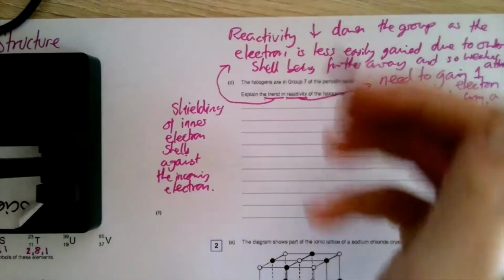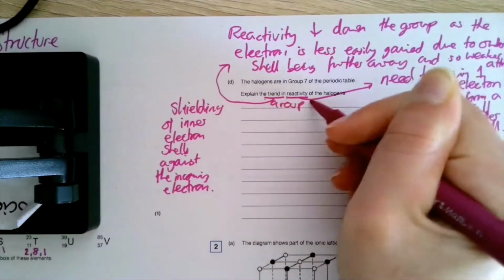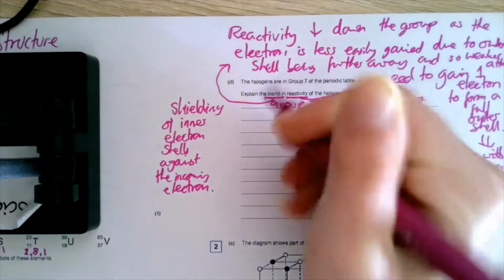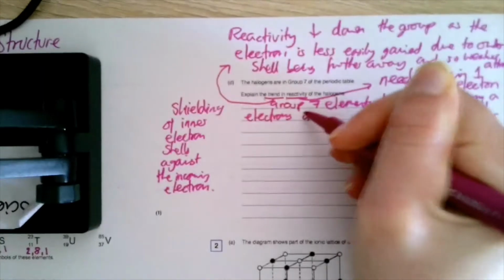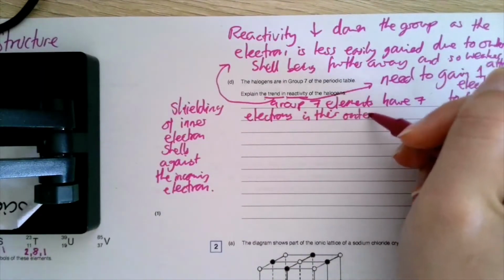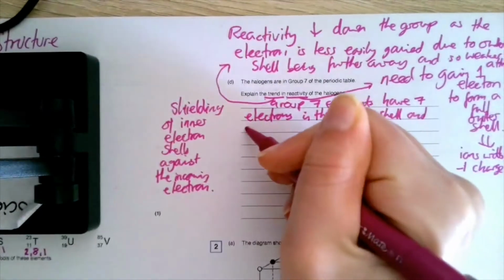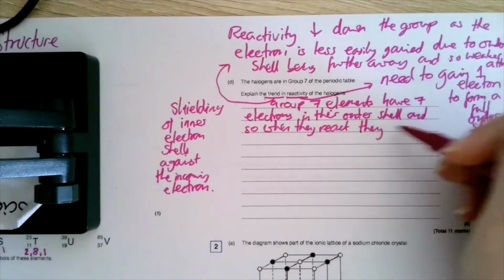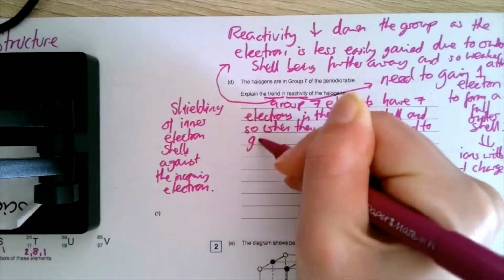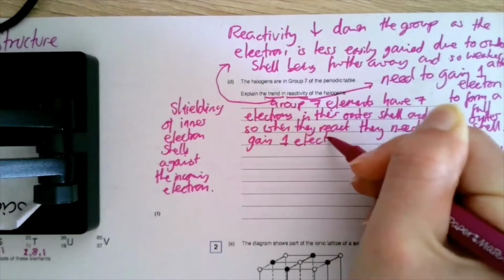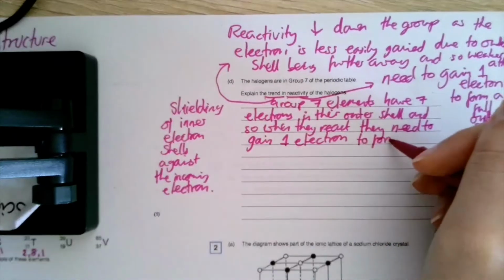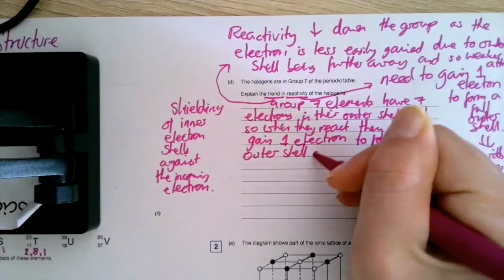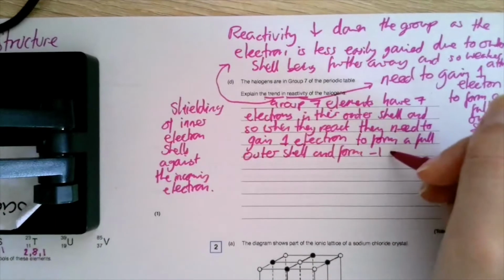So, group 7 elements have 7 electrons in their outer shell, and so when they react, they need to gain 1 electron to form a full outer shell, and form -1 ions.